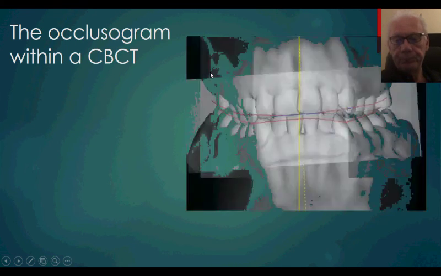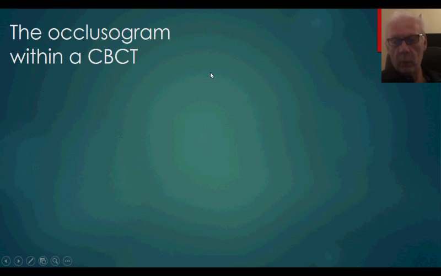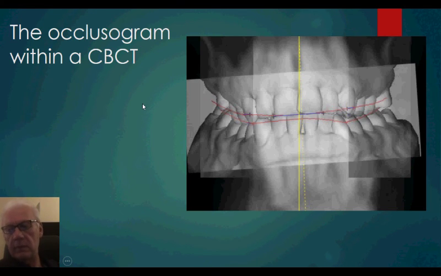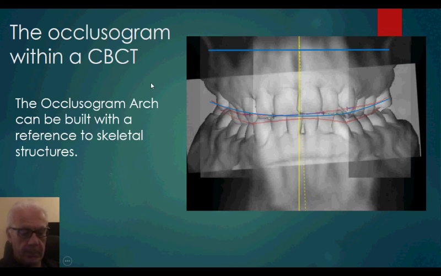And so by working together with the occlusogram and CBCT, we can really get a very sound and reliable treatment planning, also for cases which are quite complex, like, for example, skeletal asymmetry with vertical and transversal asymmetries.